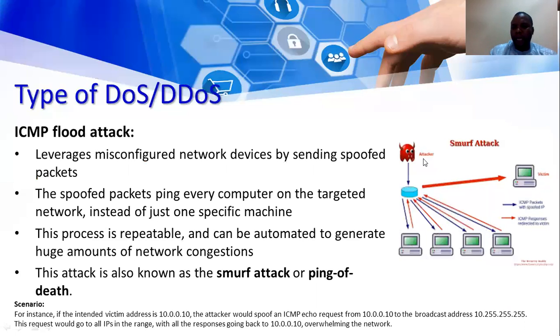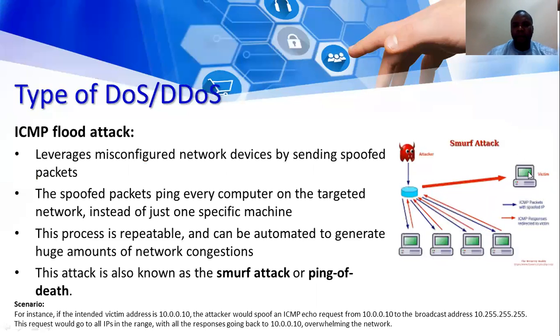So the attacker is sending this ICMP echo request to all the IPs in the range. They receive it, and then they respond back. The responses are now going to the victim. So definitely this will overwhelm the victim. It is a kind of attack that we call a smurf attack or ping of death attack.